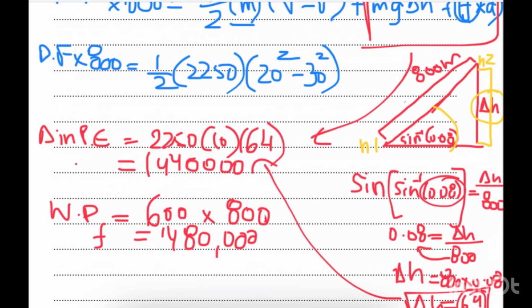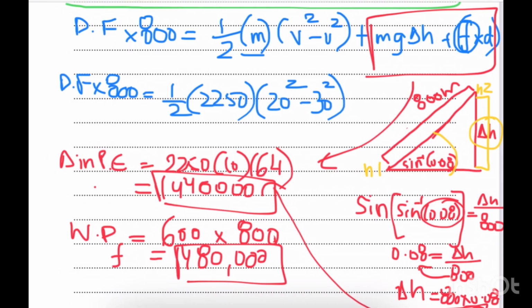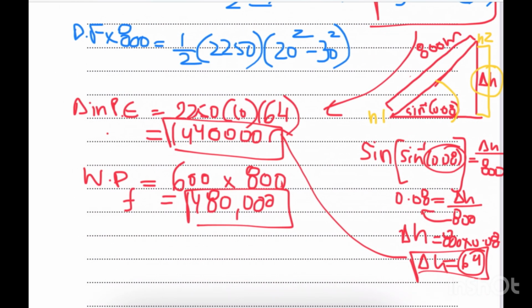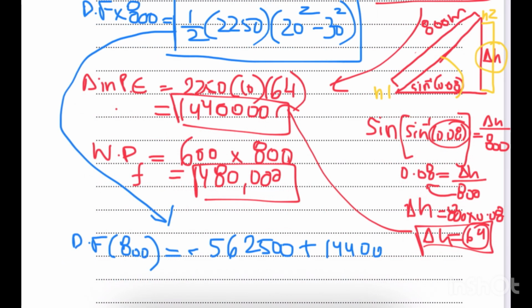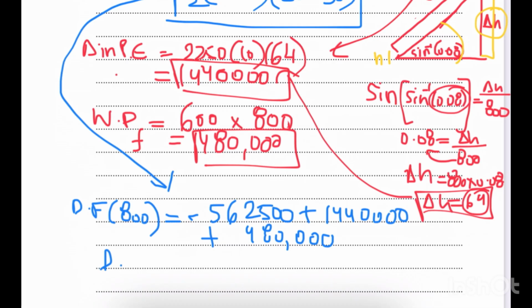Now we can use these values in the initial equation which we were writing. To simplify that, again we get the driving force multiplied by 800 is 144, and then plus 480,000, which is the work done against friction, and that simplifies further.